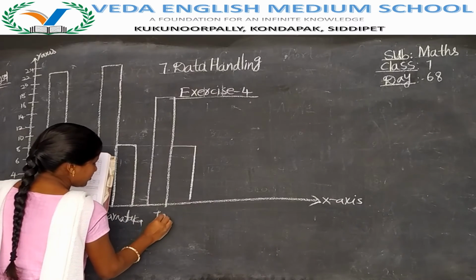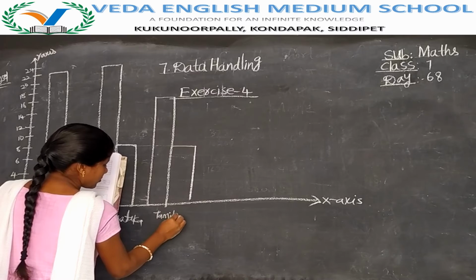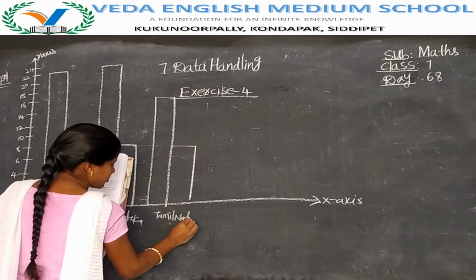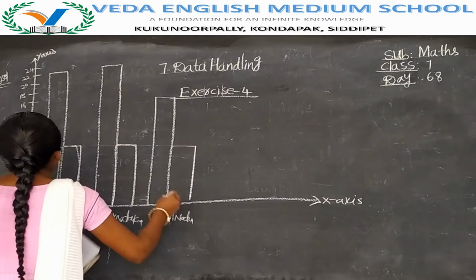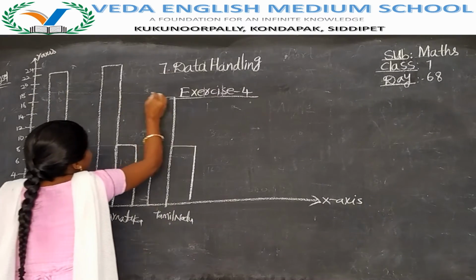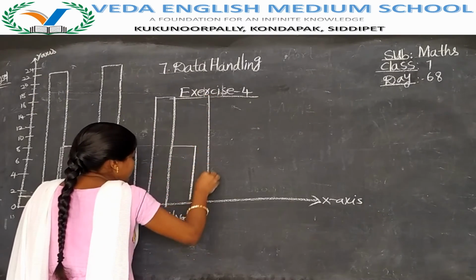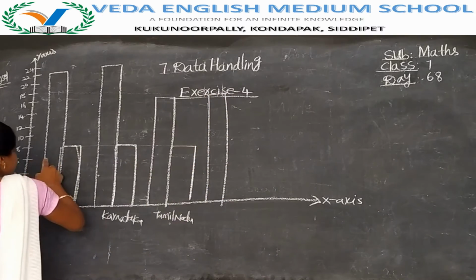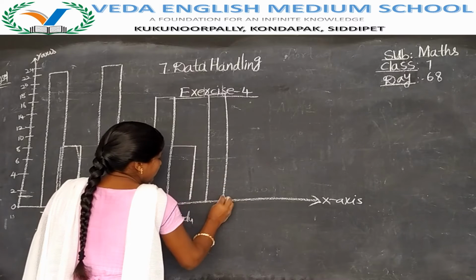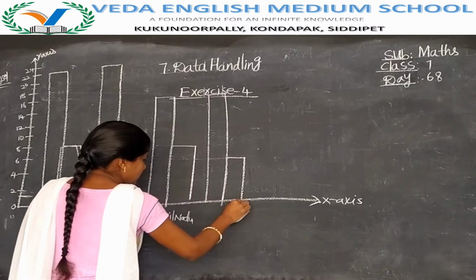Tamil Nadu. Next Kerala, 18 and 6. Where is Kerala? Here we have 18. And the death rate is 6. Here we have 6. Like this.